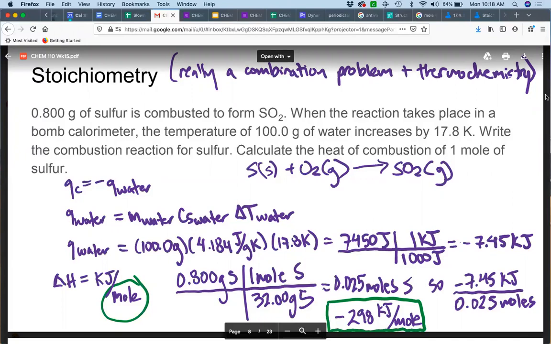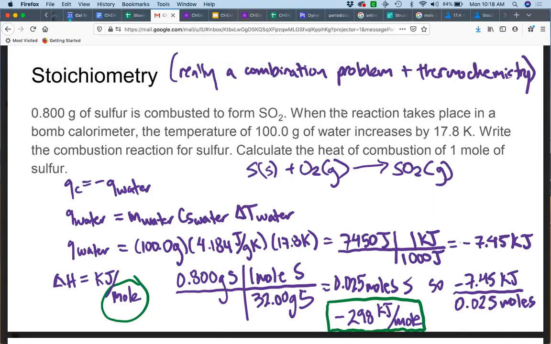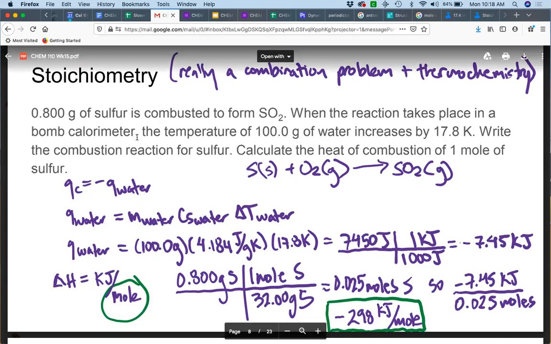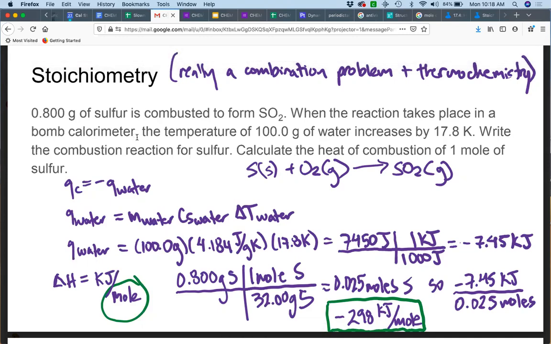Okay, so now we have our balanced equation. What do we do next? We need to think about the other pieces of information this problem tells us, which will help figure out our next step. The keywords here are when the reaction takes place in a bomb calorimeter. Anytime you see the words bomb calorimeter, you should hear bells and whistles that tell you this is a thermochemistry problem.